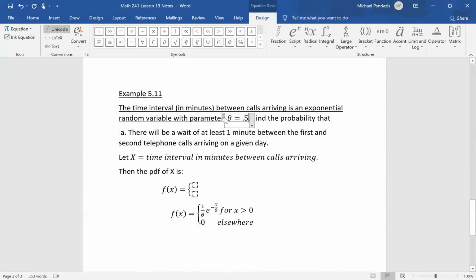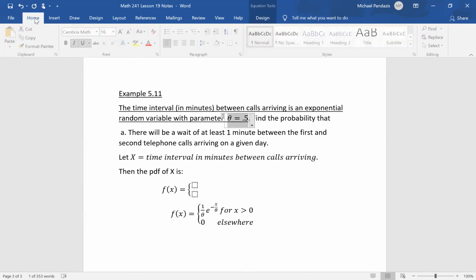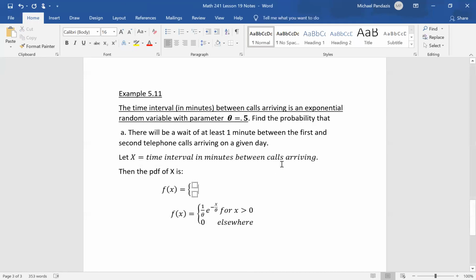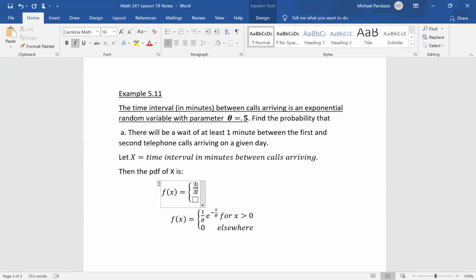So you just plug that in because it's positive. So you get 1 over 0.5 e raised to the negative x divided by 0.5. This is for x positive. It's 0 elsewhere.